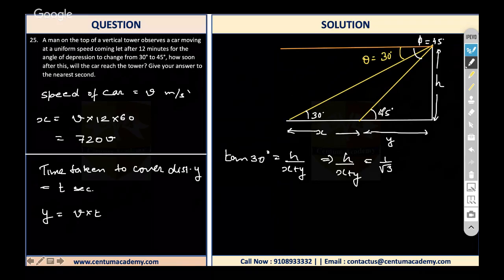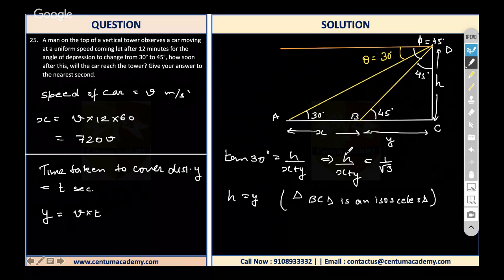Now, since it is 45 degrees, either you use trigonometry or geometry. You can say h is equal to y. Why? Because I have to name also. Let's say this is A, B, C, and D, and you can write triangle BCD is an isosceles triangle. So hence h equals y.